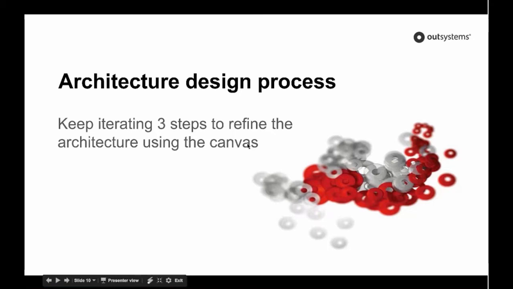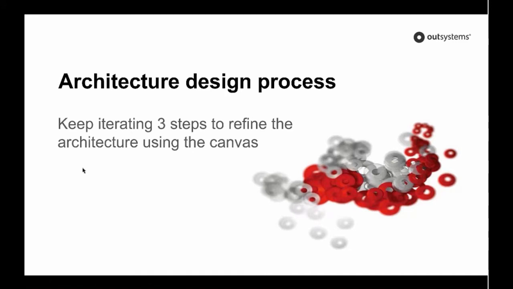Now, let's focus on how to achieve an application from scratch, an architecture from scratch when we need to solve a new problem. And of course, this is also useful to understand what needs to be fixed on an existing architecture to make sure that it's properly layered.